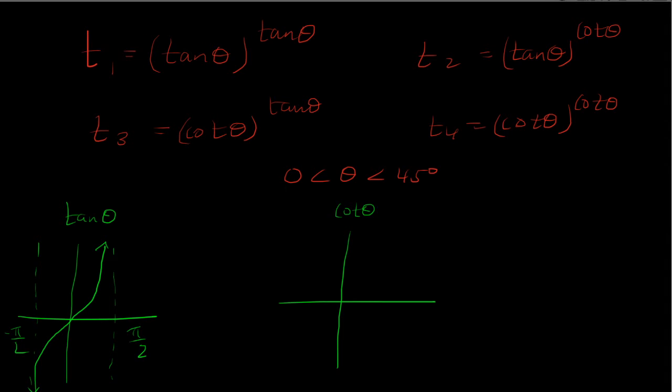And we know that 45 degrees is pi over 4. So that's going to be over here. And pi over 4 is 1. So tangent is between 1 and 0.